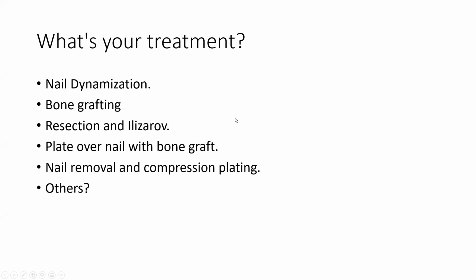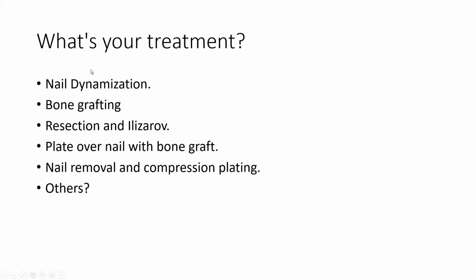So actually, out of all these options, except for the first one, are extremely valid. Not meaning that the first one is wrong, but the most recent studies showed that dynamization should not be the first of your options in tibia.